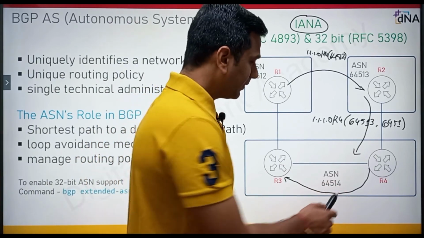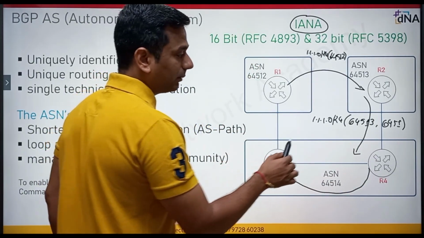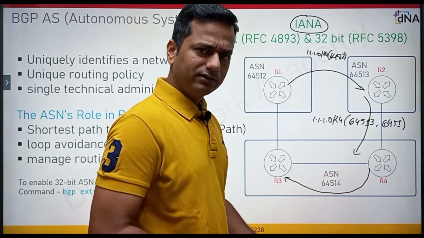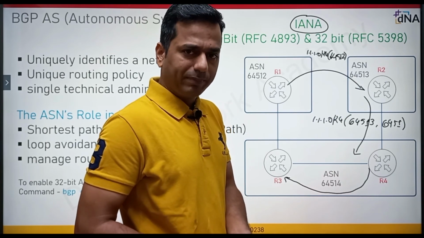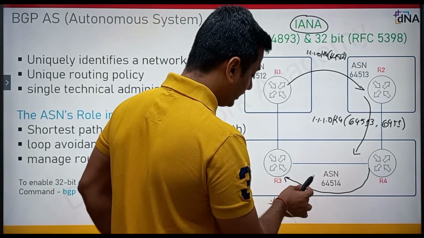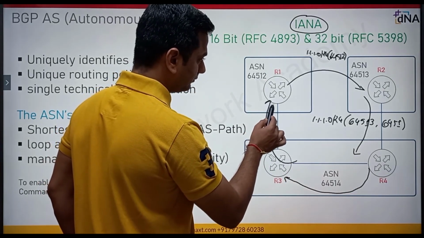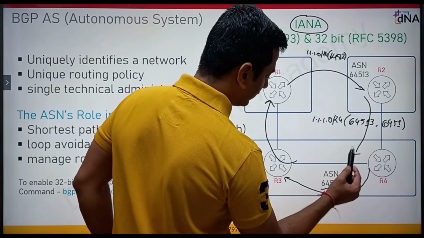So when R4 sends the route to R3, it will not append any AS number. Why? Because they are internal within the network. Why would the AS number need to be prepended? But when R3 sends the route back to R1, it will append its AS 64514.